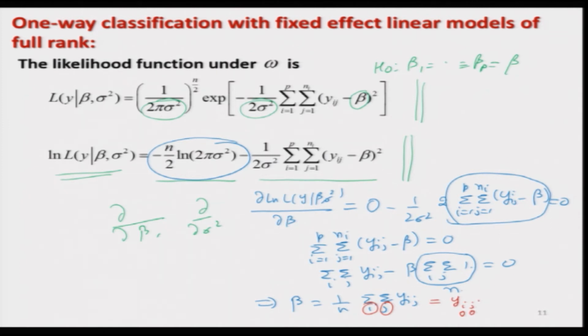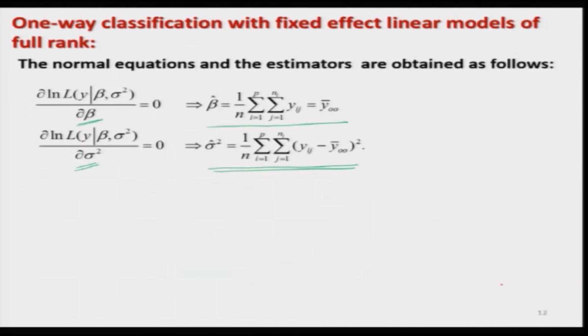So, this becomes y naught naught, and this is an average, so this becomes y bar. This is how I can symbolically write down this value.